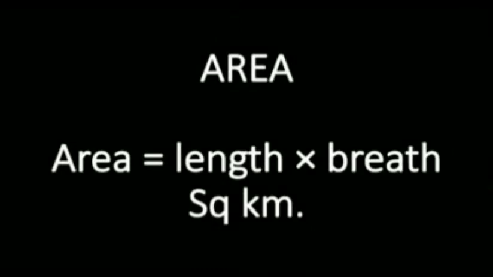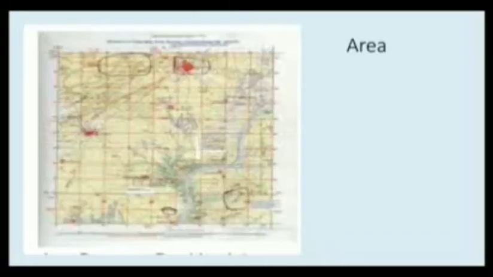Area. It's an important topic. 2 marks. Area equals length multiplied by breadth, and the answer will come in square kilometer. Now this is a topographical map, which you have in your book, and in this each of the blocks is 2 into 2 centimeter.